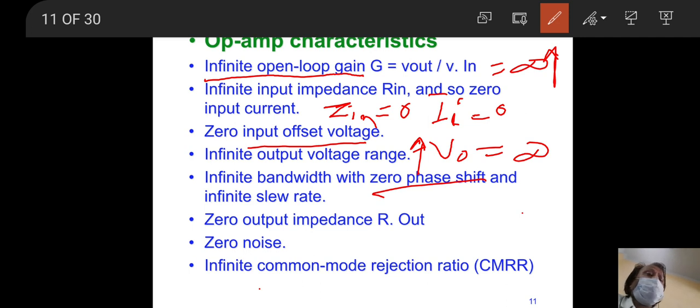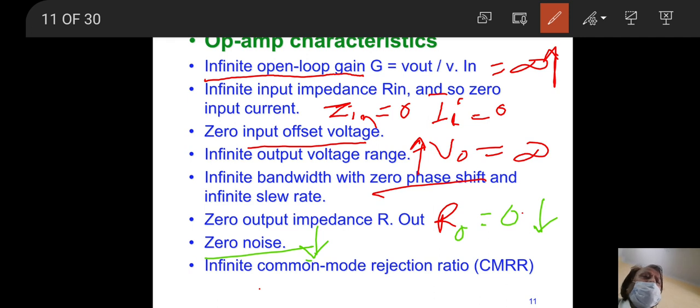And 0 output impedance. What is 0 output impedance? R out equals 0. So noise is also 0. These are the low values.